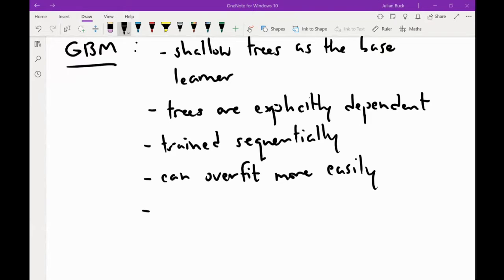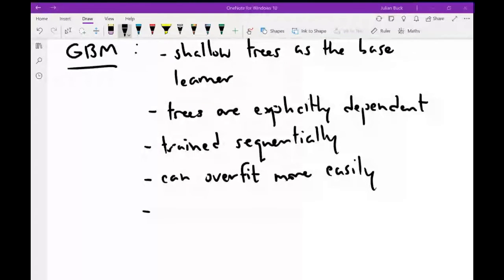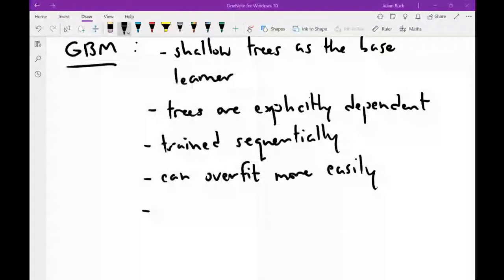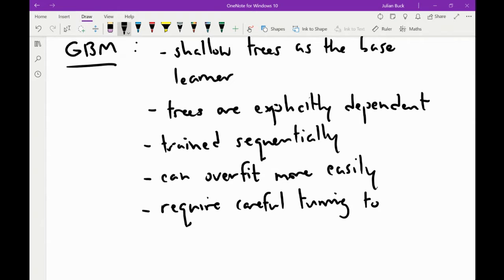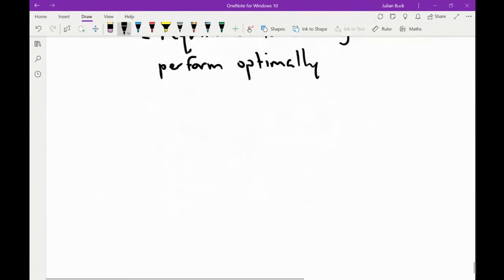And essentially, this means that they require careful tuning to perform optimally. So that last point, along with the last point for random forests, will make the following general observation.